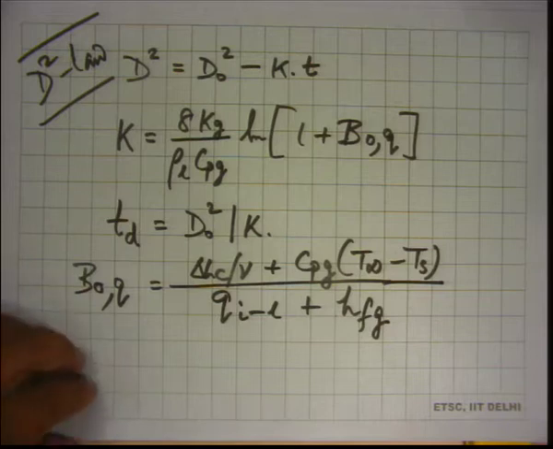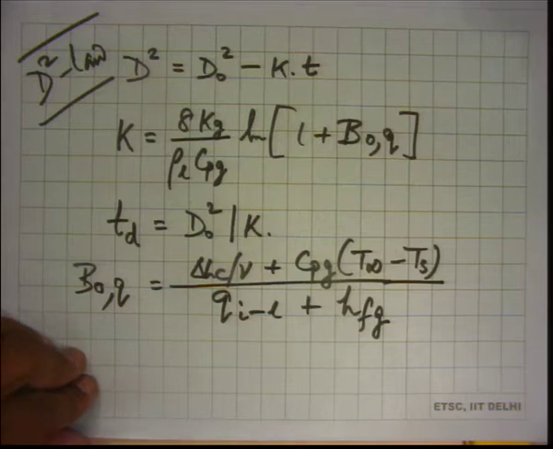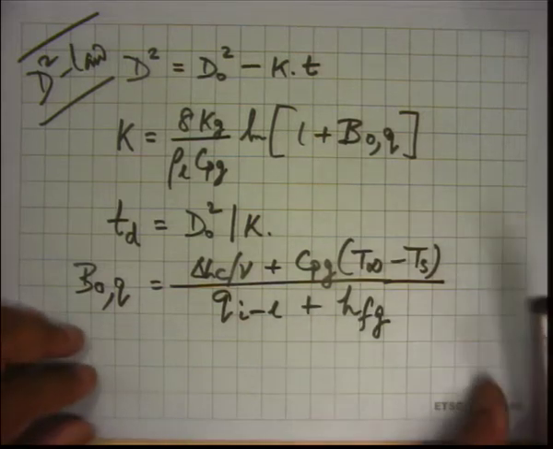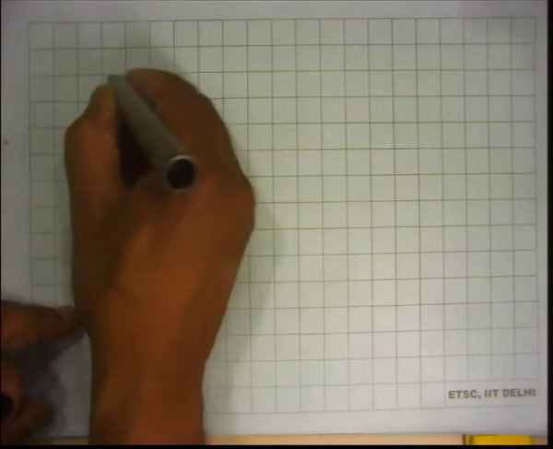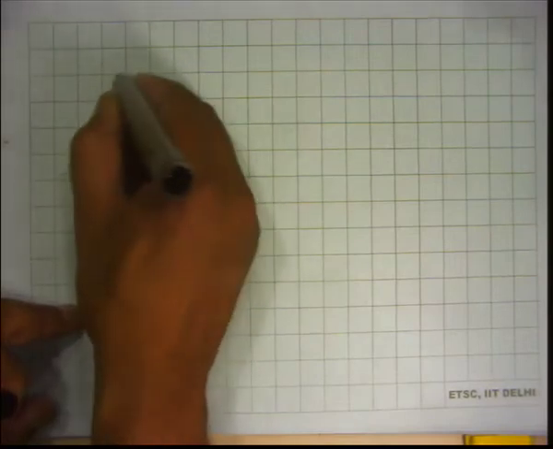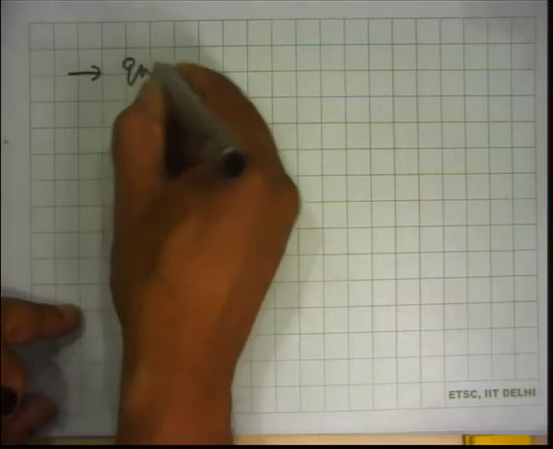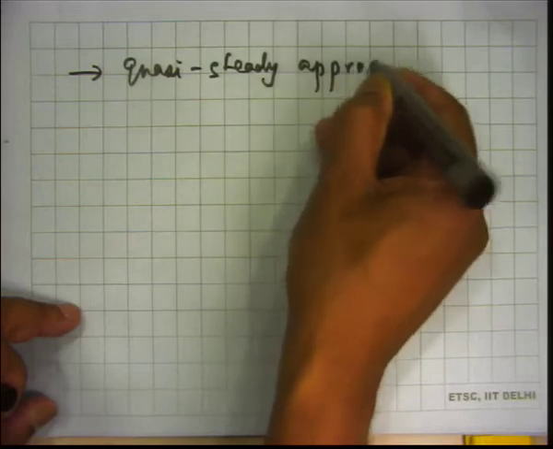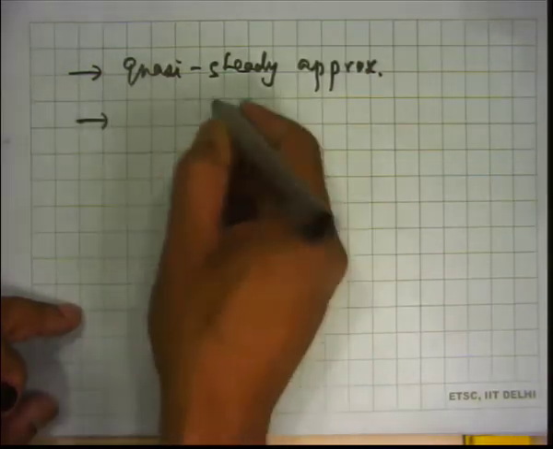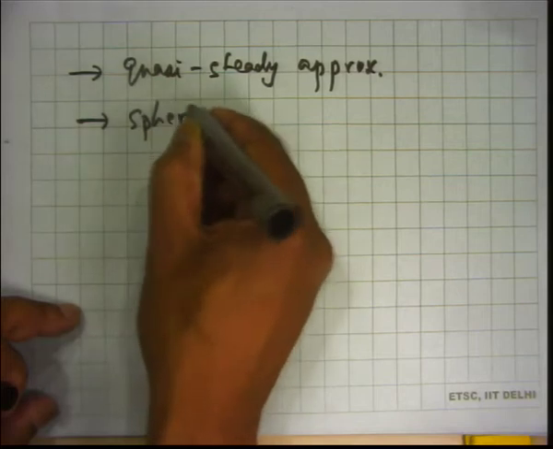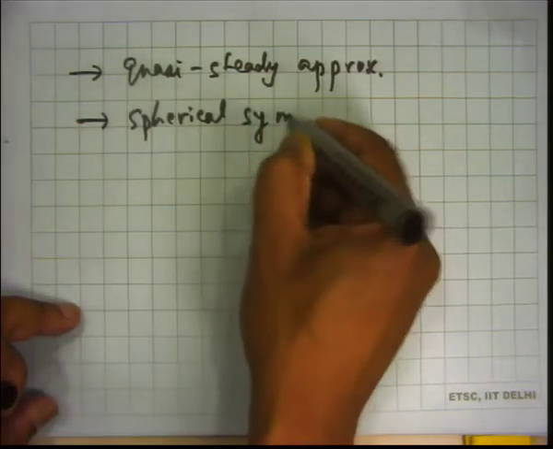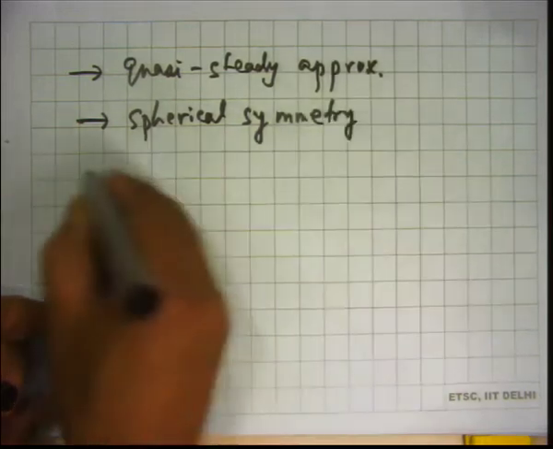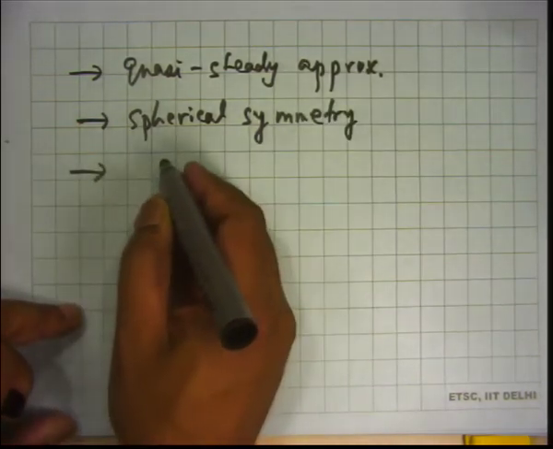But we have to understand that we made a very simple model. In actual models, things are different, but it's not too bad either. See, where can we go wrong? We can go wrong in, for example, the quasi-steady approximation, or we can go wrong maybe at spherical symmetry, or we can go wrong at the fact that properties are not constant.